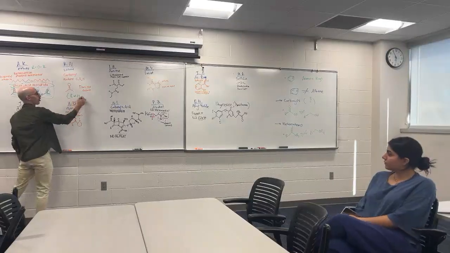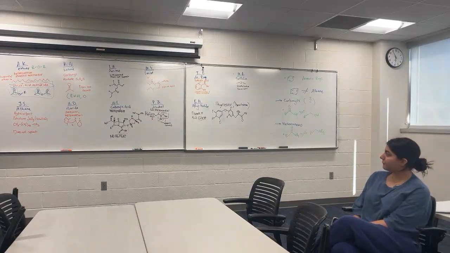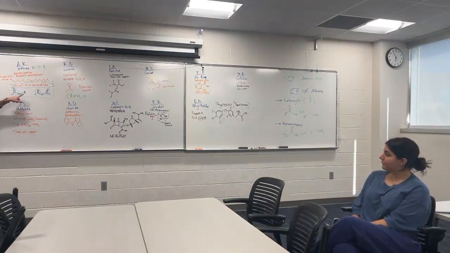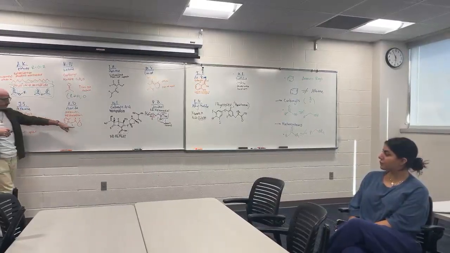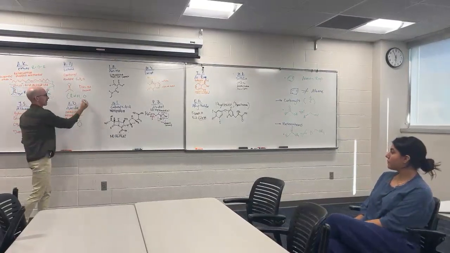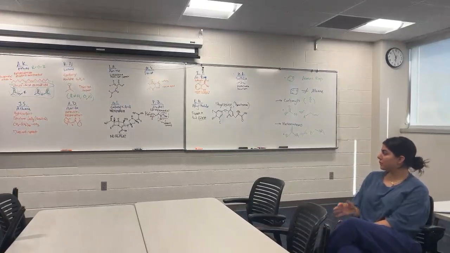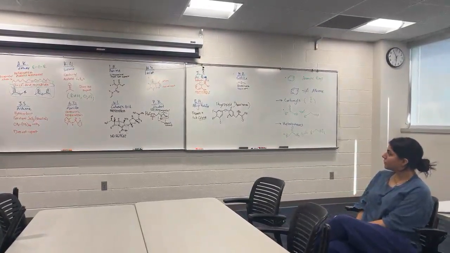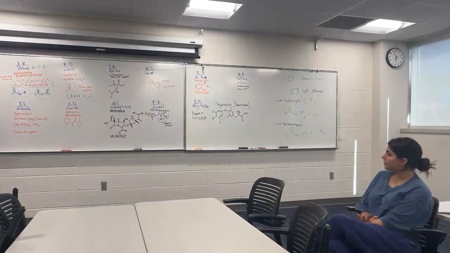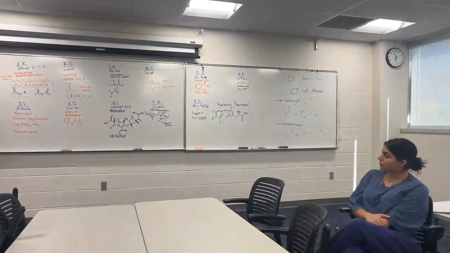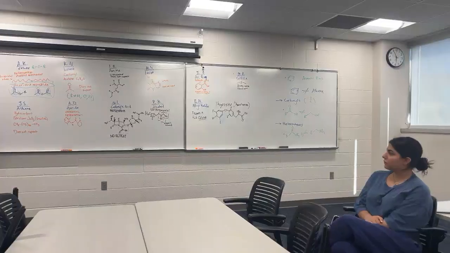But if it's also an oxygen on either side, then it's either an anhydride, an ester, or a carboxylic acid. And if there's a nitrogen, then it's an amide. So really, it has to be 2 carbon groups in order to be a ketone. Otherwise, if there's any other atom connected to that carbonyl carbon, it's not a ketone. Okay, good work.